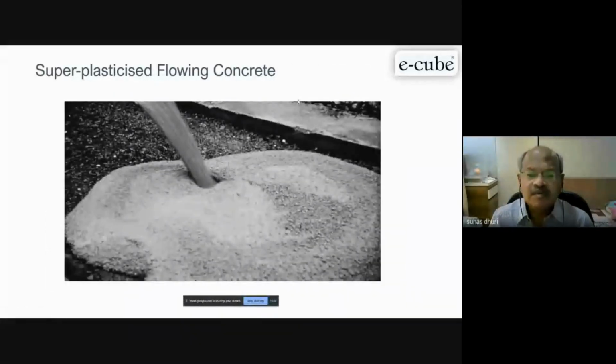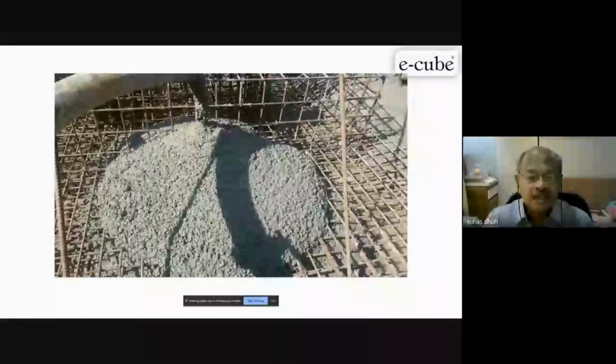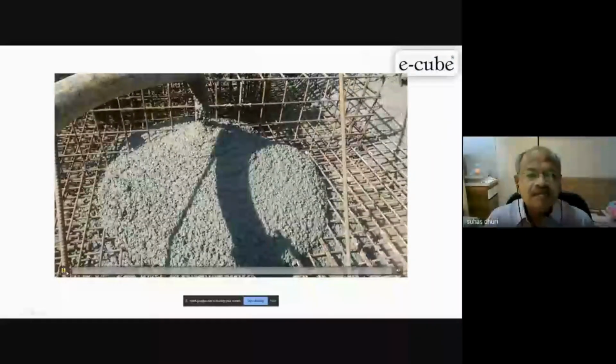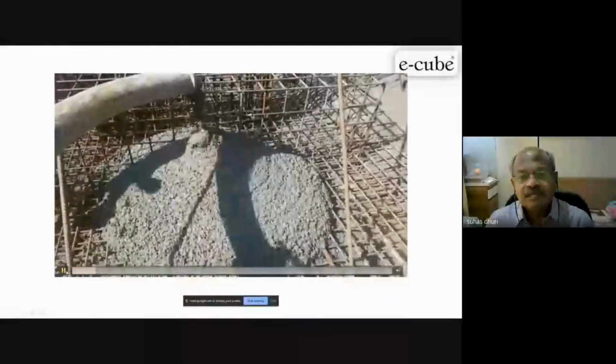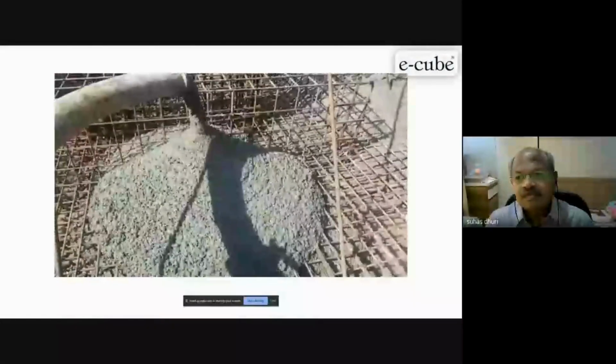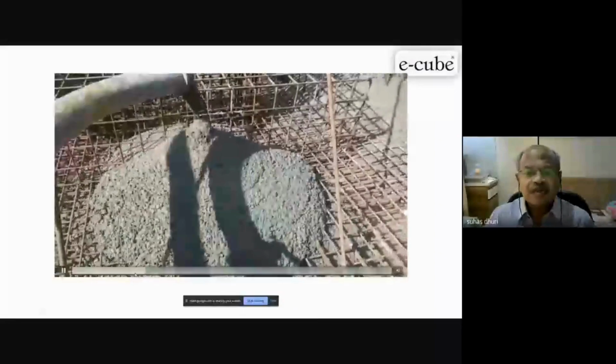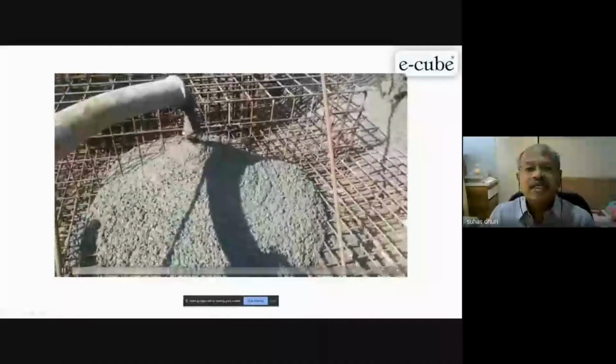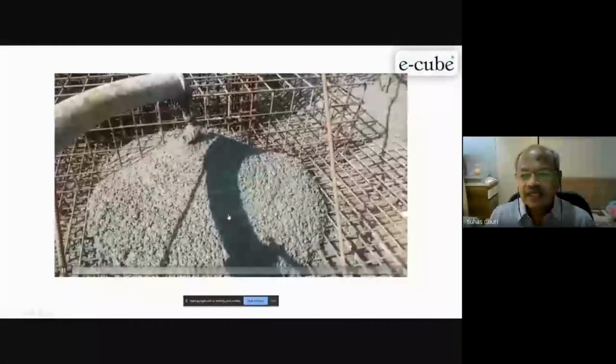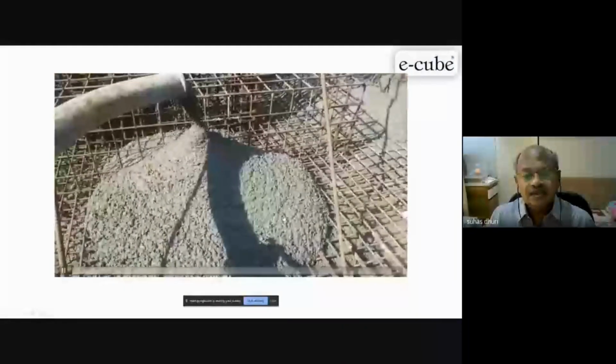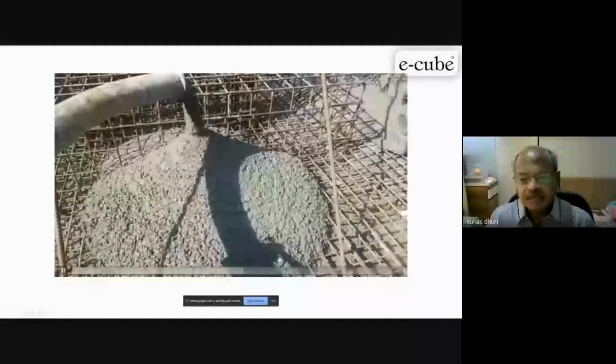See, concrete has become very flowable without affecting the strength of concrete and other properties. See, this is a pumpable concrete. It is a very cohesive mix and very easy to pump. There is no segregation, slump is there, and it is very easy to handle this concrete.